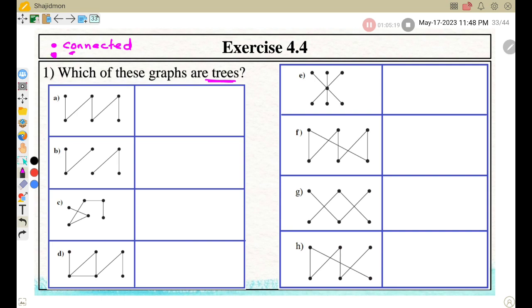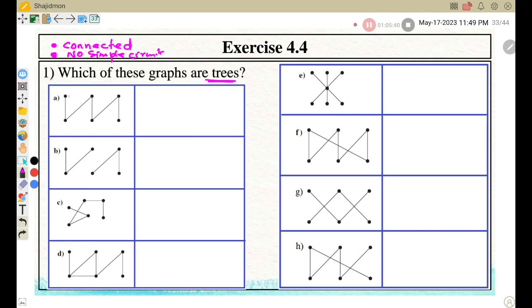Secondly, there should not be any simple circuit. And also loops and parallel edges should not be there. So the main condition is connected and no simple circuit.